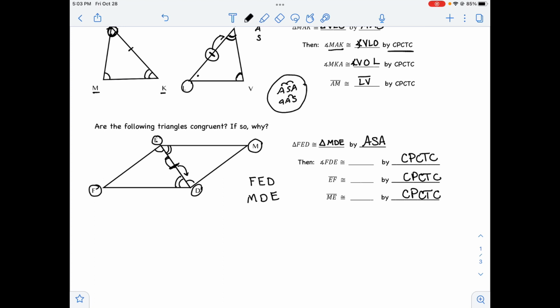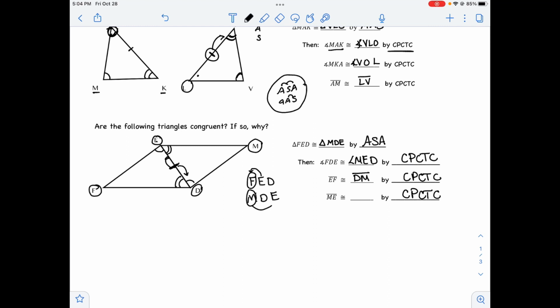We prove its corresponding parts with CPCTC. So FDE: F corresponds with M, so we have angle M first. Then D means we're going to have E second, and then E means we're going to have D last. So angle MED. Then EF corresponds to DM.